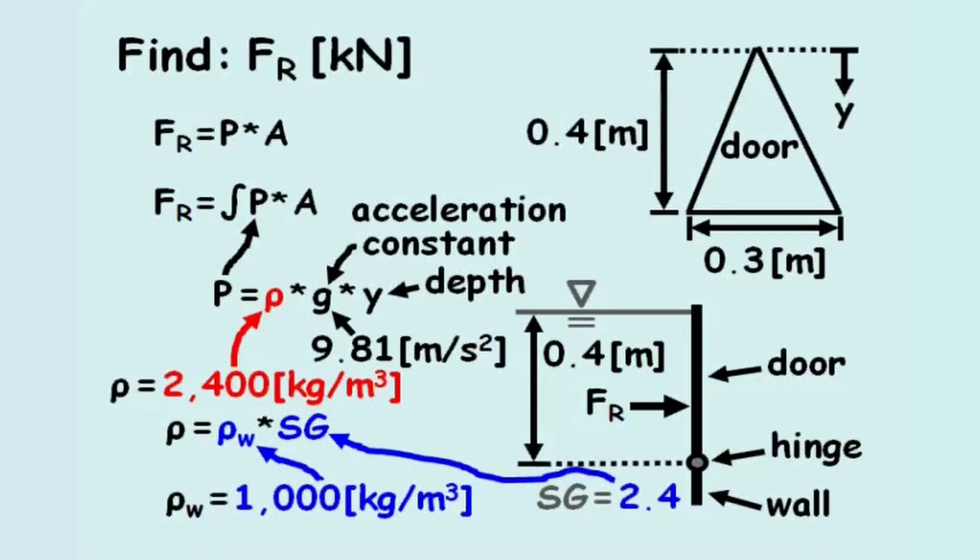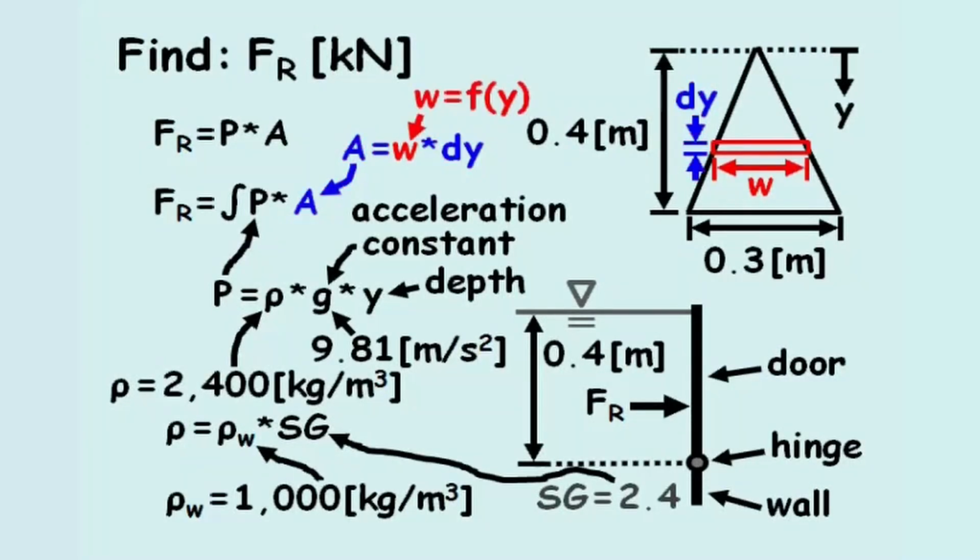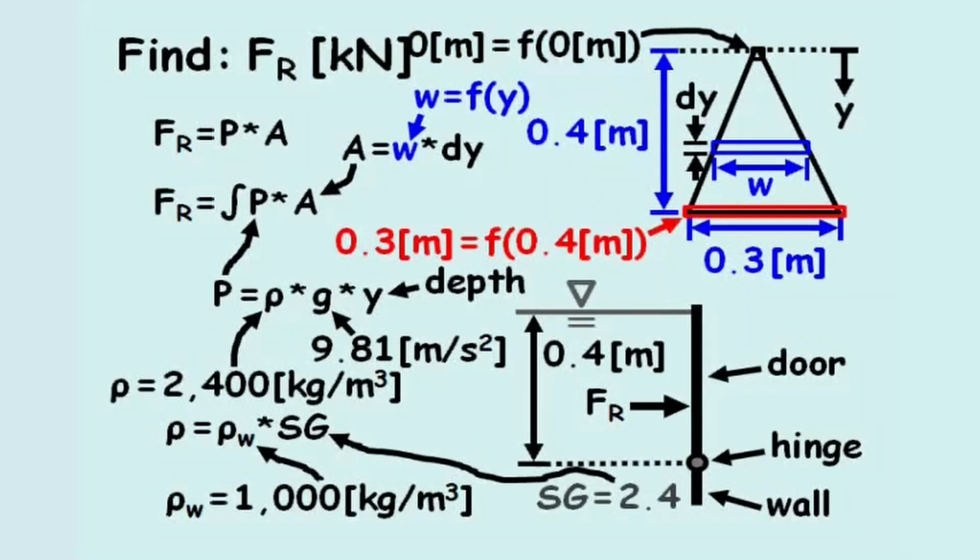The area of the door, A, equals the width of the door, W, times the height of the door, dy. Furthermore, we can define the width, W, as a function of the depth, y. From observation, we notice at a depth of 0 meters, the width equals 0 meters, and at a depth of 0.4 meters, the width equals 0.3 meters.